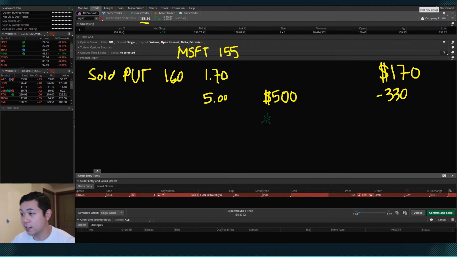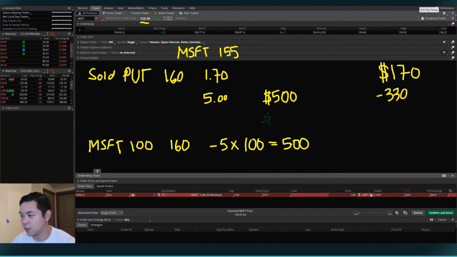Now, on the flip side, if we decide to get assigned on it, then we will get assigned 100 shares of Microsoft at $160. That means that each one of these shares, since Microsoft is trading at $155, has lost us $5. So if we multiply this by 100, that means we take a $500 loss the moment these shares are delivered to us.